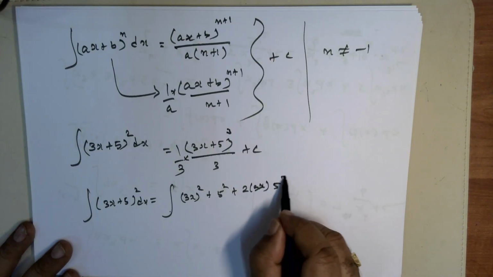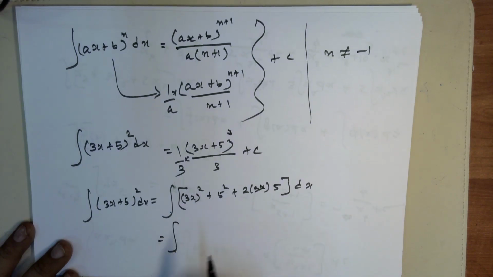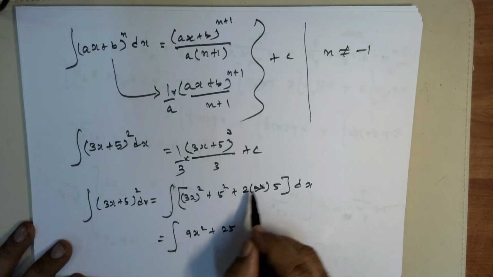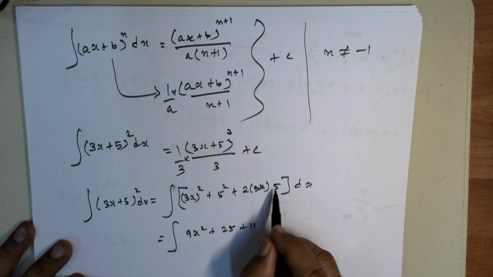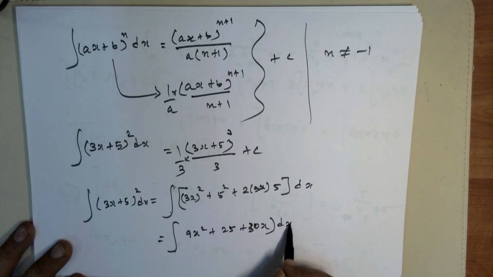So this is the way we can try to expand it. What is 3x squared? That is 9x squared. What about this 25? What about this 10 into 3? That is 30x of dx.